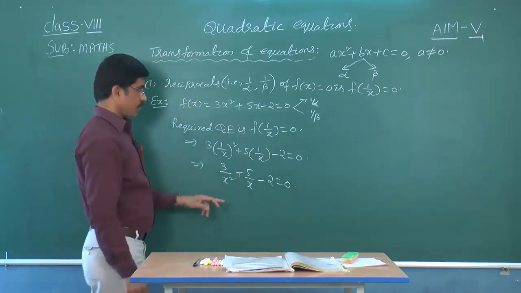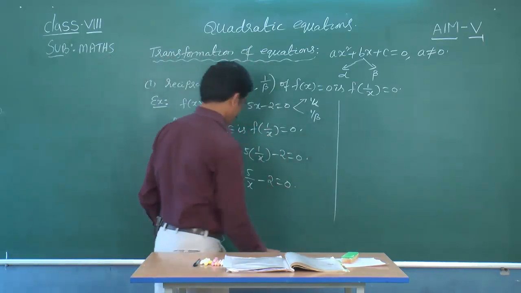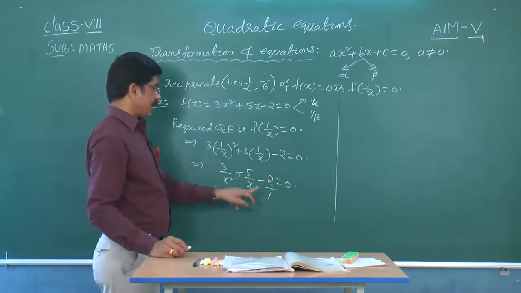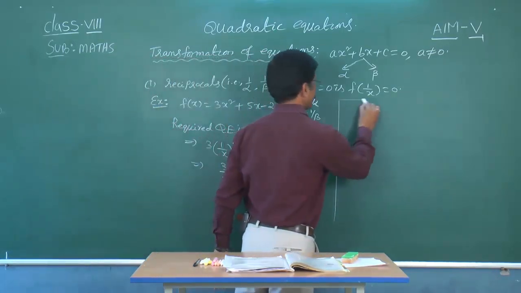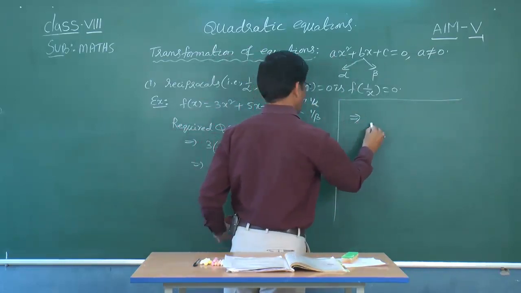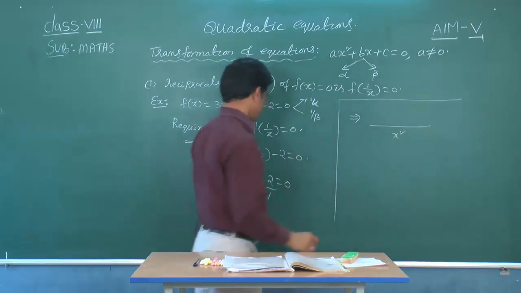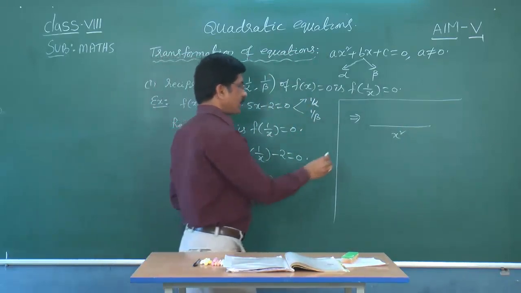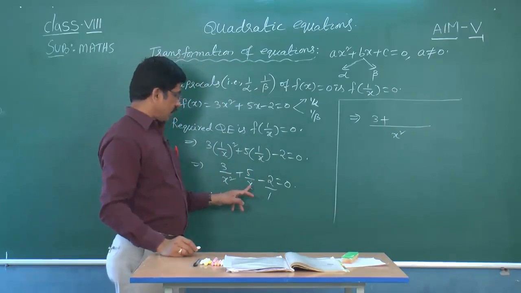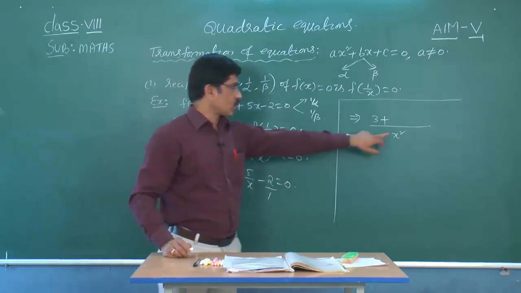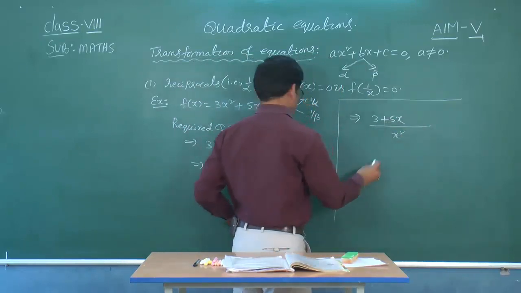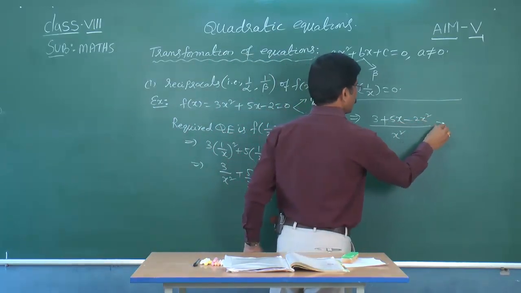Taking LCM, the LCM of x and x square is x square. The numerator is the same, and x is multiplied by x to get x square: 3 plus 5x minus 2x square is equal to 0.